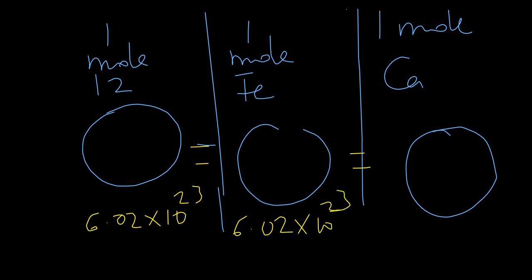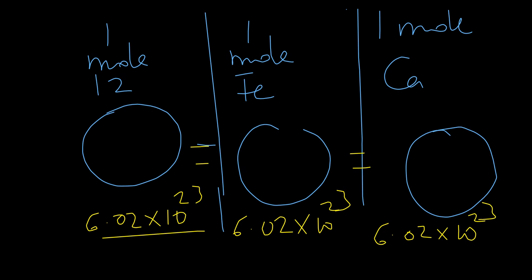For 1 mole of calcium, you still have the same quantity, the Avogadro's number, 6.02 times 10 exponent 23. So it's an important concept you need to grasp. What it means is that if 1 mole of a substance contains this quantity of particles, 2 moles of that substance will contain this times 2. 3 moles will contain the same Avogadro's number times 3. As simple as that.